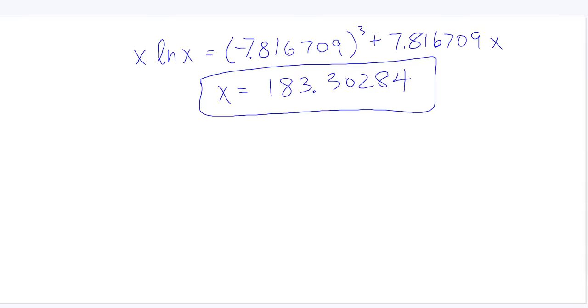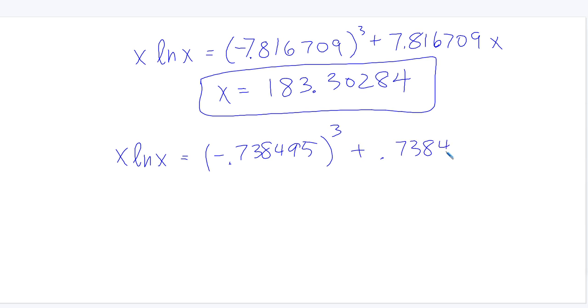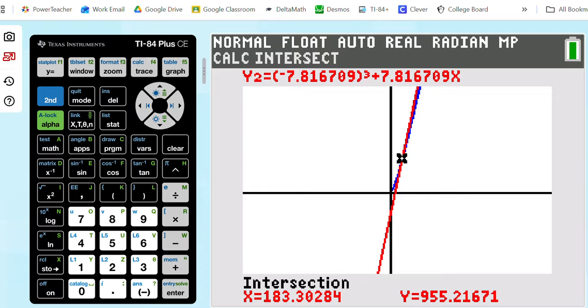So it's going to end up here being x ln x equals, instead of the negative 7.8, it's going to be negative 0.738495 cubed, and then it was minus x times y, so it'll become a plus 0.738495x. And so we'll just plug that one into our graphing calculator. That's going to be much easier.